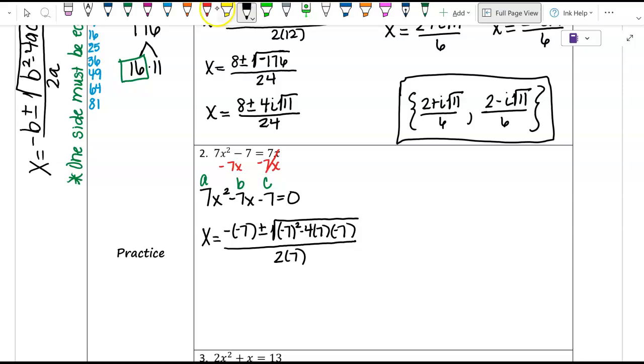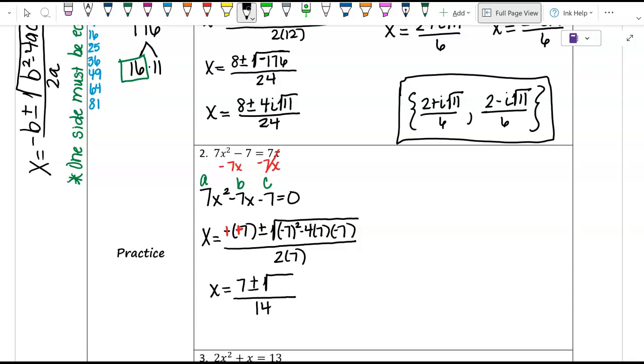Again, we have that double negative out in front here. So x equals 7 plus or minus the square root of something over 14.